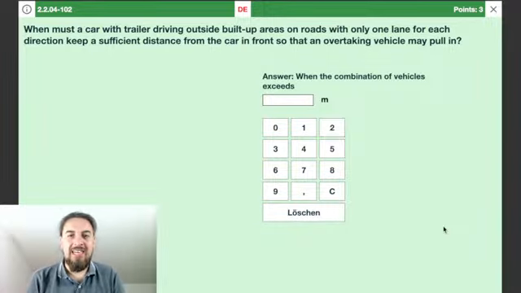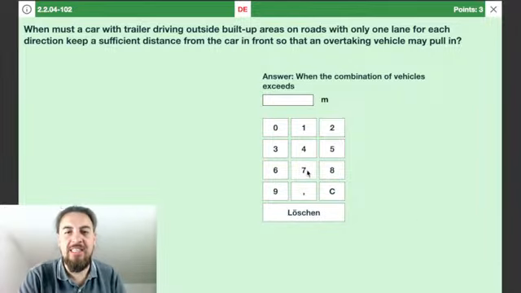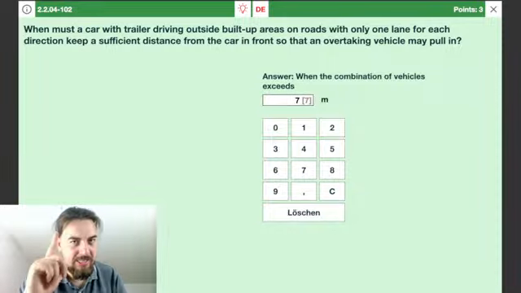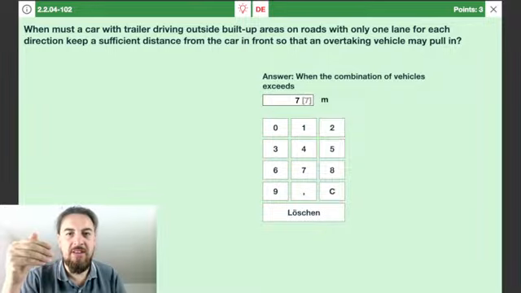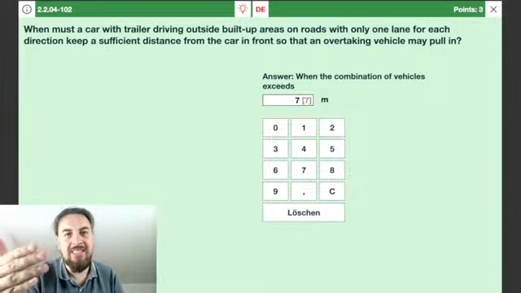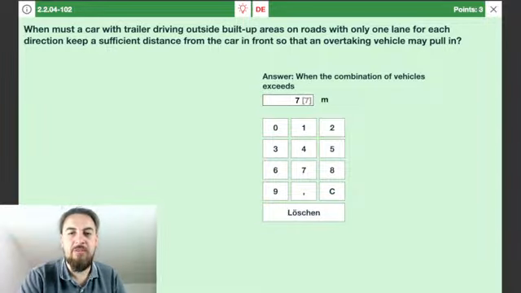So when does this apply to you? There is no formula, you just have to know it. It is 7 meters. All right, memorize it. If your car with trailer together exceeds 7 meters, you have to give extra space and distance to the car in front of you.